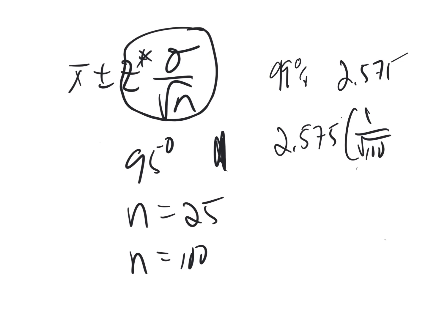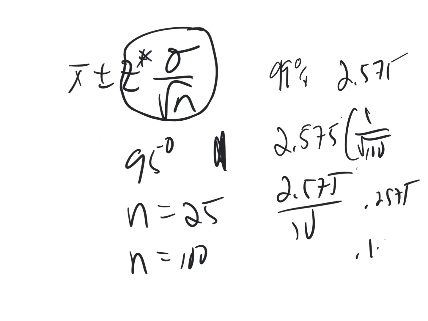So that'll be 2.575 over 10, which is 0.2575. And with a 95% level of confidence, we had 0.196. So do you see how increasing your level of confidence made the margin of error bigger? Remember, that's what we add and subtract to the point estimate, the sample mean.